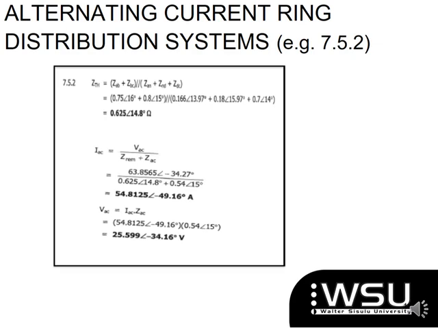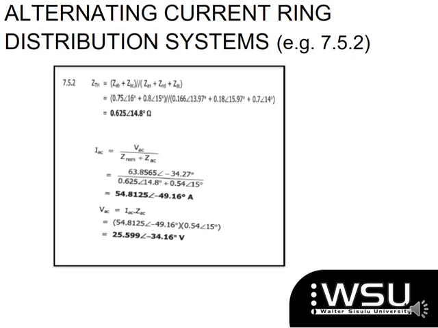Then I can calculate what my IAC is going to be. And my IAC simply becomes that VAC divided by my ZREM or Thevenin plus my ZAC. And I get what that's going to be. And with that answer, I can then simply go and calculate what would then have been my VAC, which would have been this IAC that I got.